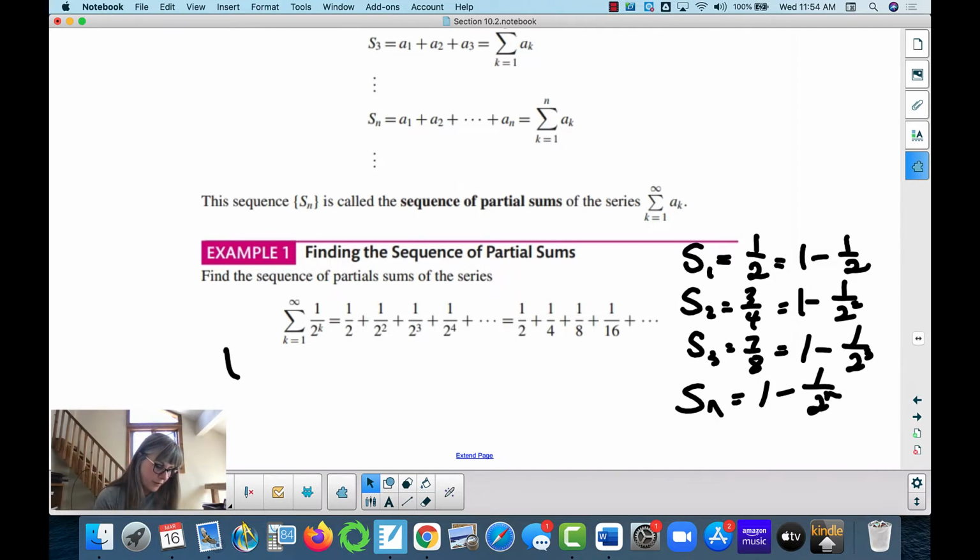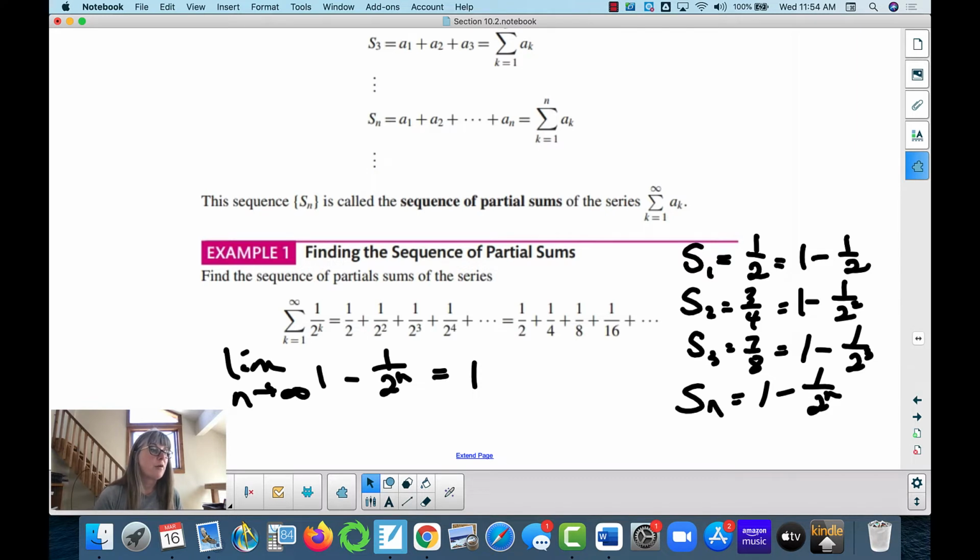So then when we look at the limit as n approaches infinity of 1 minus 1/2 to the n, we know that this part right here goes to 0. This part right here is 1, so that limit is going to be 1.